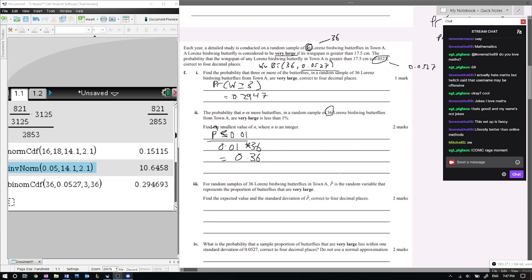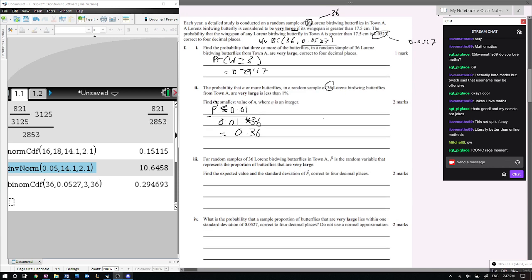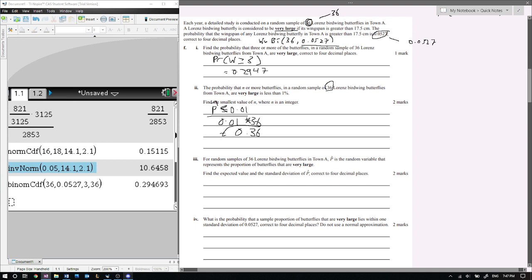Sorry guys, give me some time to think, because whenever you do this proportion, you should be getting an integer, because in binomial probability you can't have decimals, you can't have successes in between numbers.